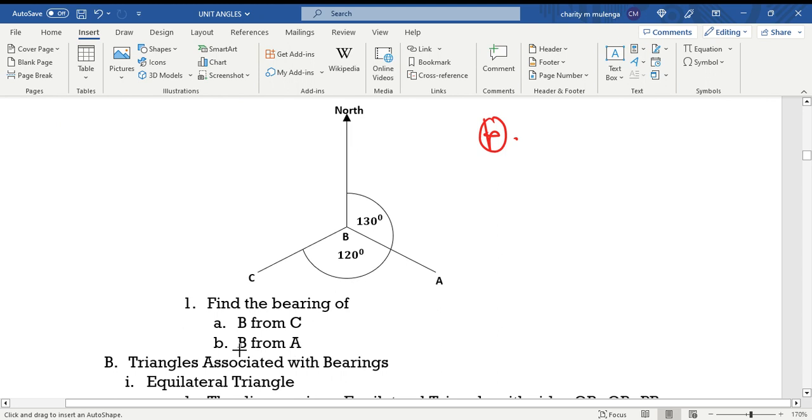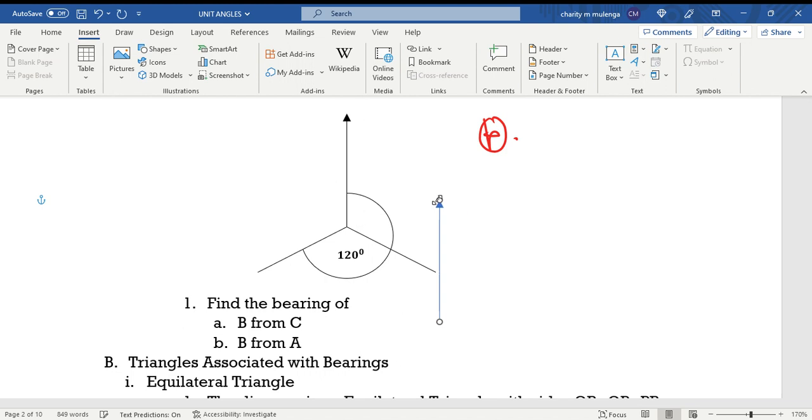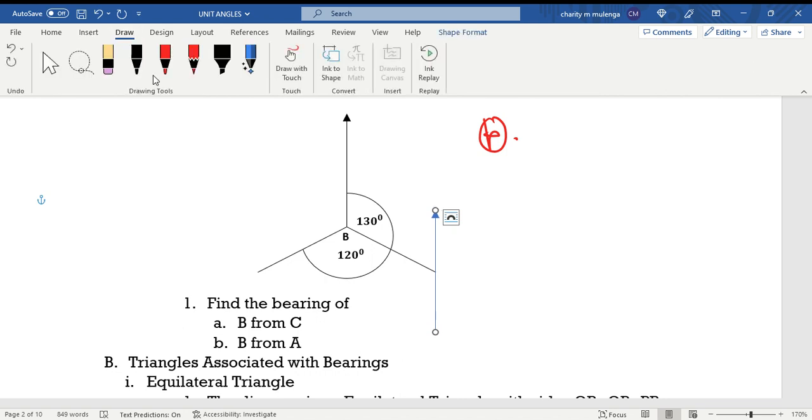B from A. So you sketch a north at A. So we have sketched a north line at A there.